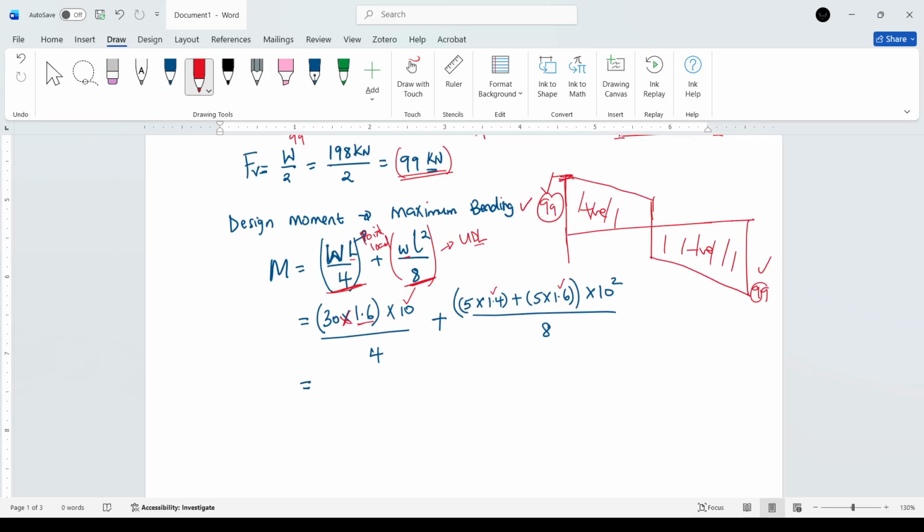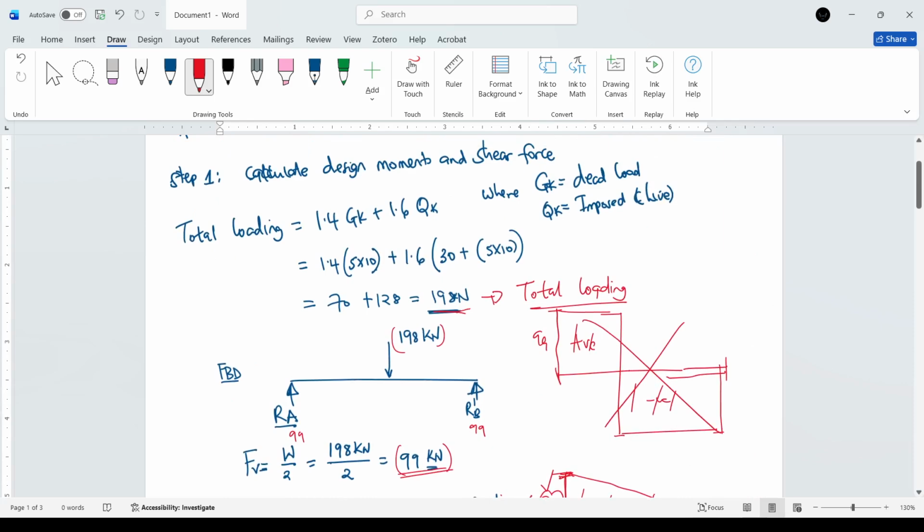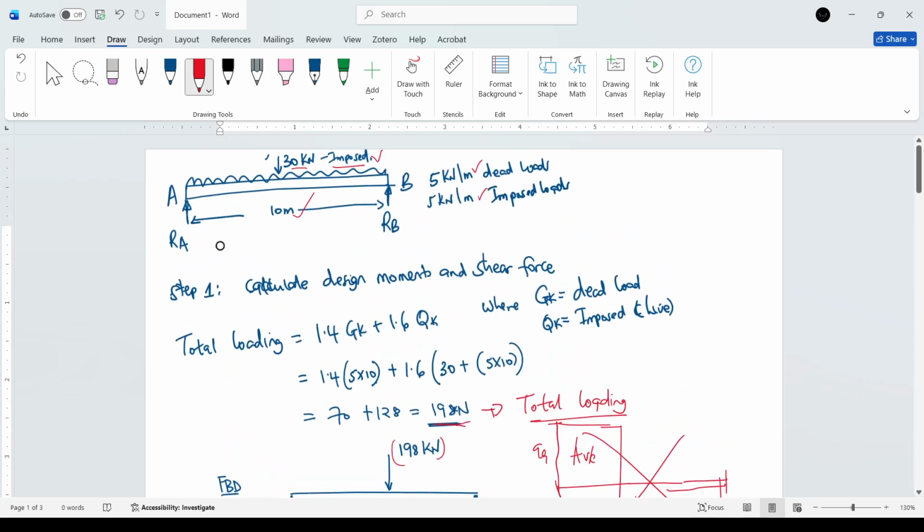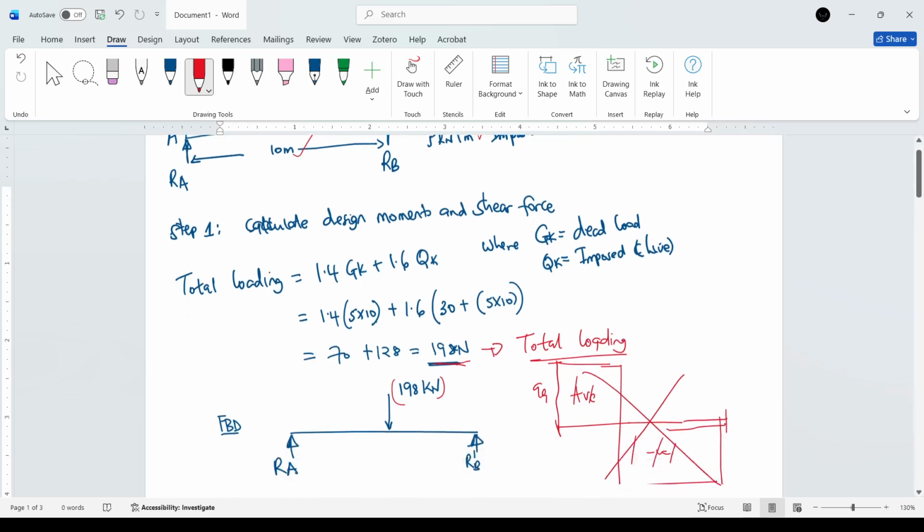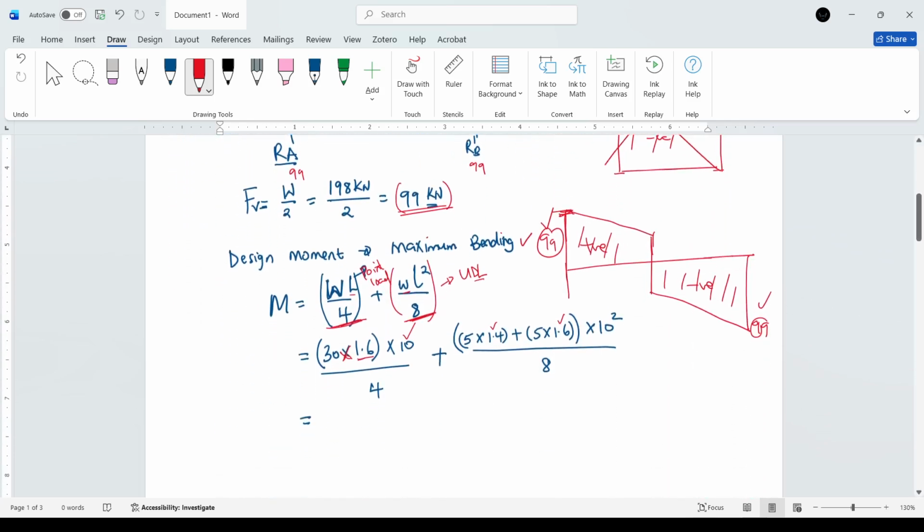So I have a question. Please, can we put the questions? Okay, let's just ask. What if it is 30 kilonewtons per meter? So that means it's a UDL. Yes. If it is a UDL, then you are going to treat it as a UDL, just like we've done the rest.